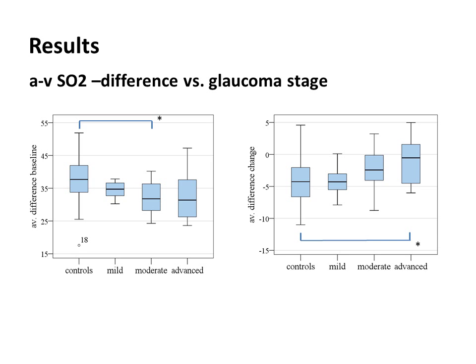Upon subgroup analysis, we saw that at baseline the oxygen saturation was decreased with the severity of the disease, and furthermore the change of the arterio-venous oxygen saturation, shown here in the right part, also decreased with the severity of the disease.